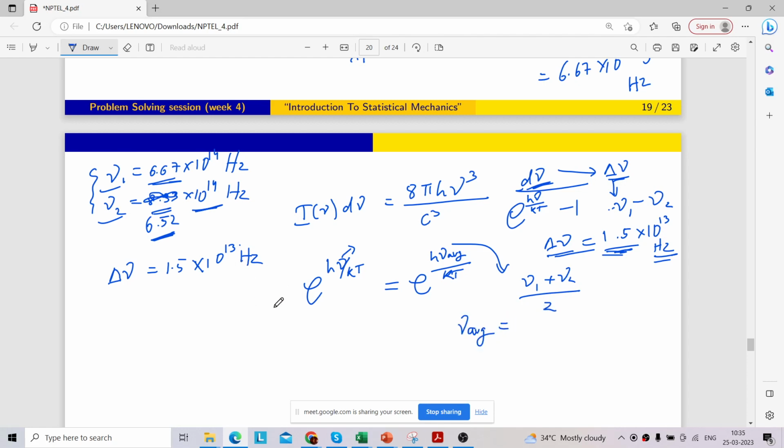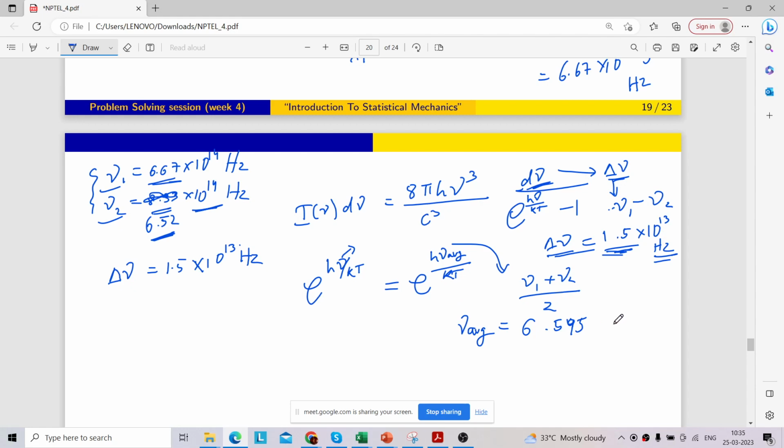So nu average will be, what will be the average? 6.595.